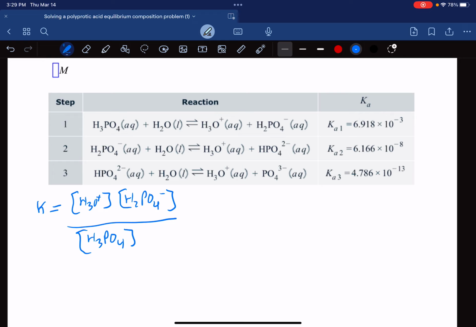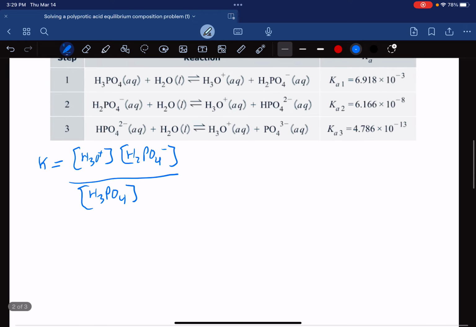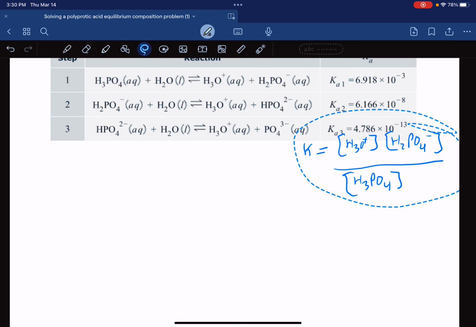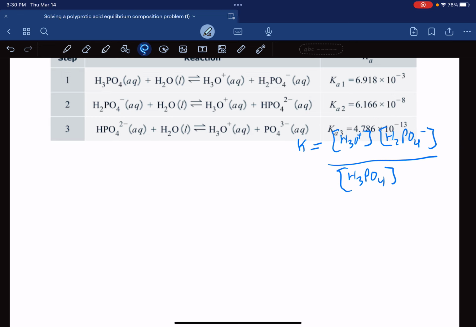Now, if we actually were to set this up in an ICE problem, I'm going to move this over a little bit to the side so we have a little more room. I'm going to cover this bottom one because we don't really care about it. If we were to take this first step right here, H3PO4, I'm going to ignore the water right now because I want to make it a little bit smaller.